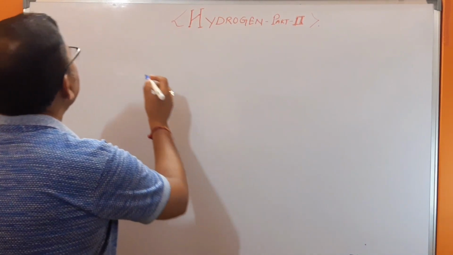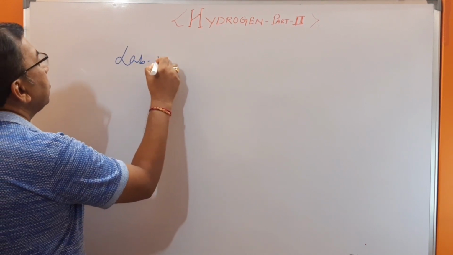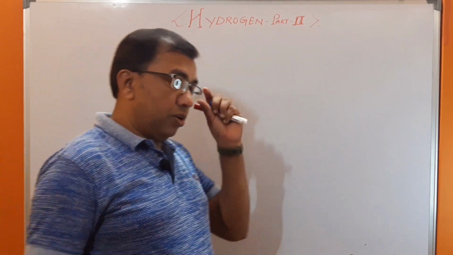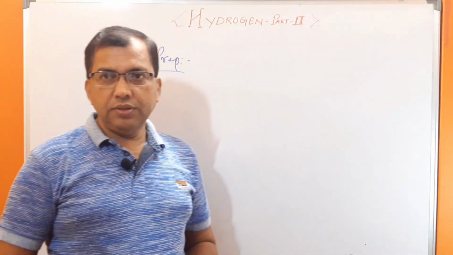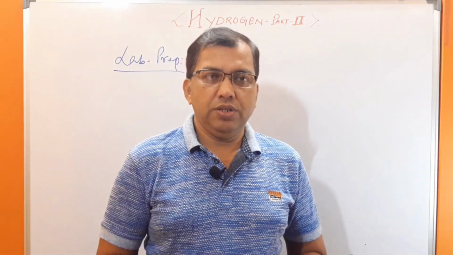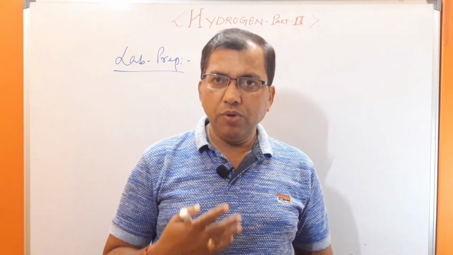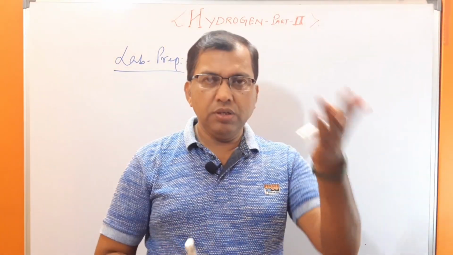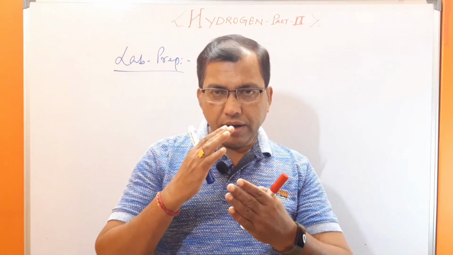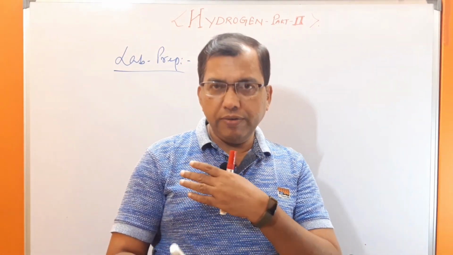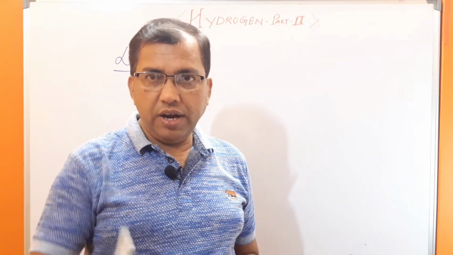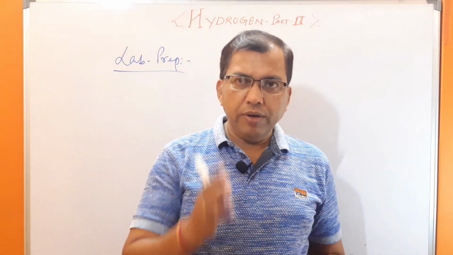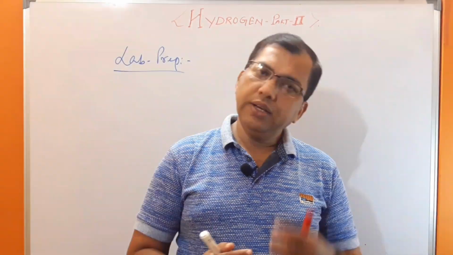Lab preparation, from barium peroxide. Hydrated barium peroxide, BaO2.8H2O, reacts with H2SO4. With H2SO4 it forms barium sulfate, water and H2O2.